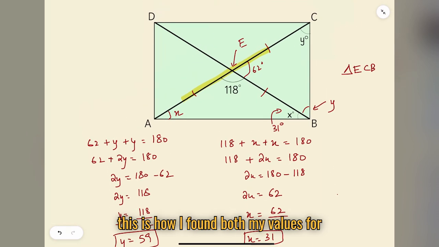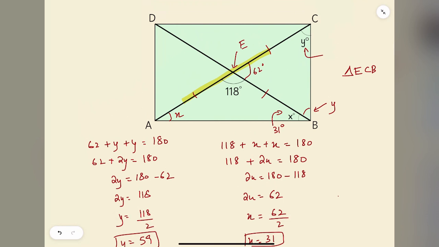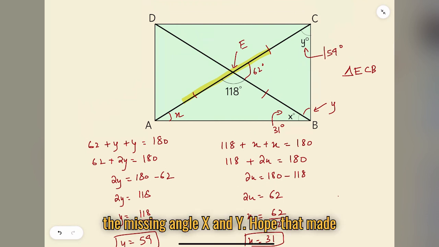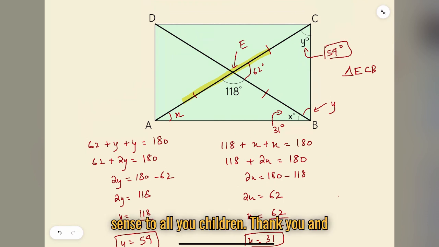And this is how I found both my values for the missing angles x and y. Hope that made sense to all you children. Thank you, and thank you for watching.